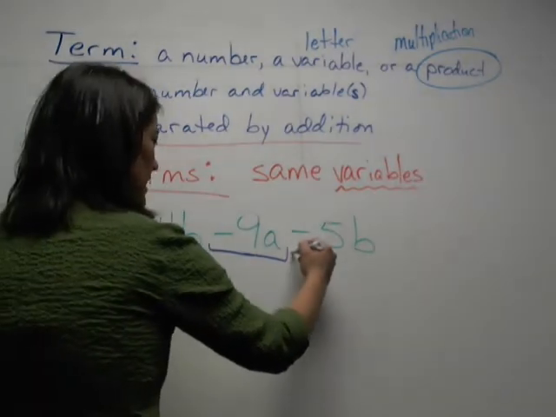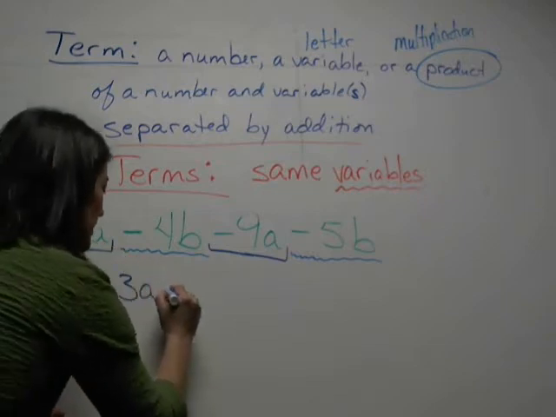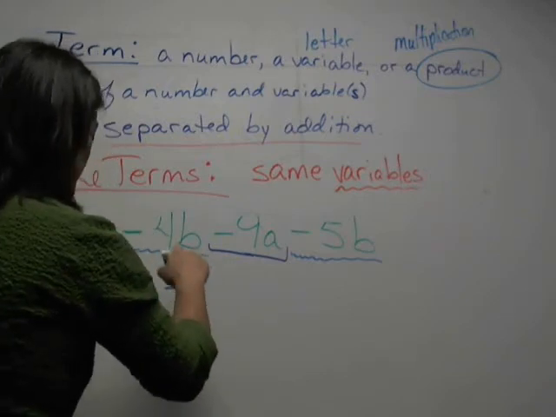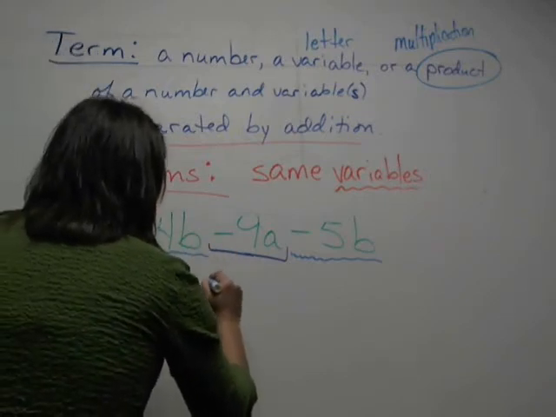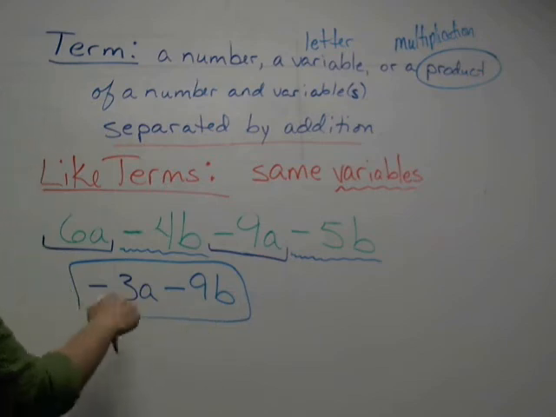And I'm adding to that a negative 5B. They are both negatives, so we add the numbers and keep the sign. To keep the sign, I can use a subtraction instead of plus a negative. So that would be a negative 9B. You can't go any further because this term has an A, that one's a B, that's not like.